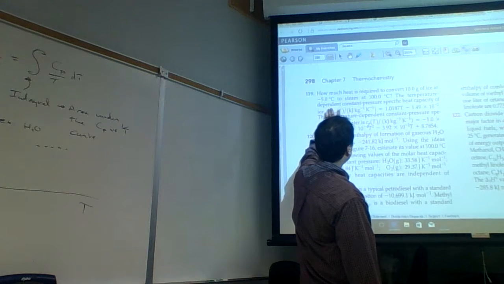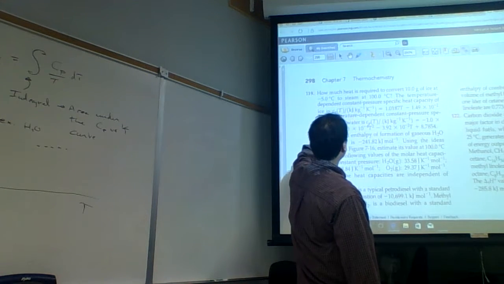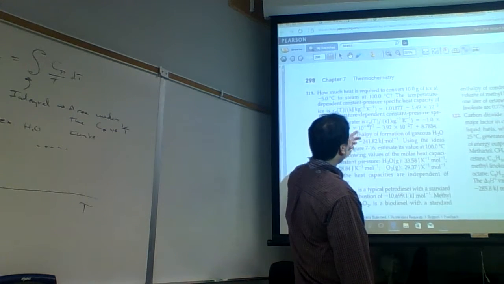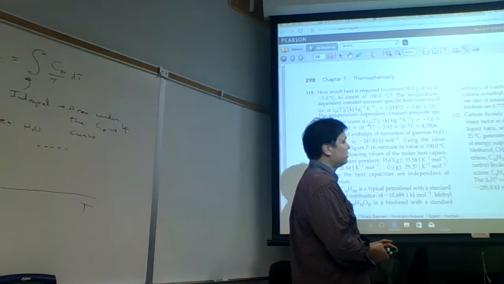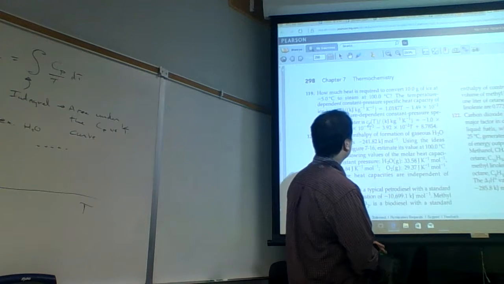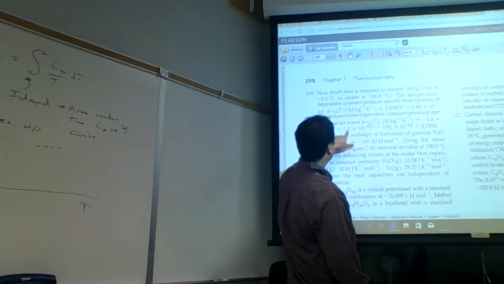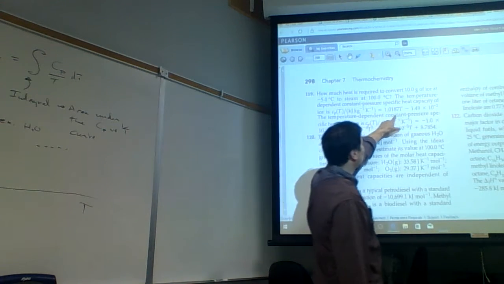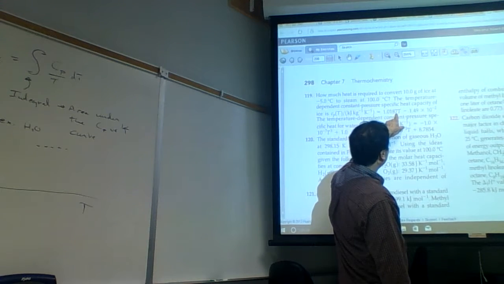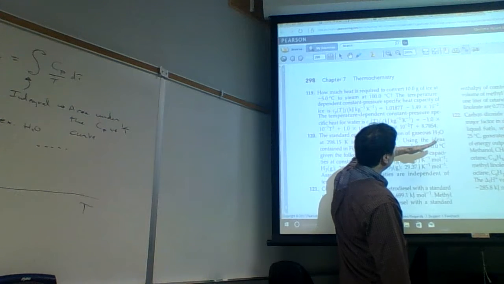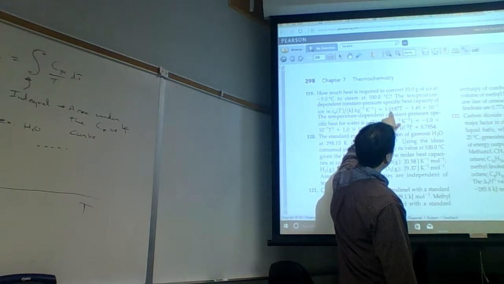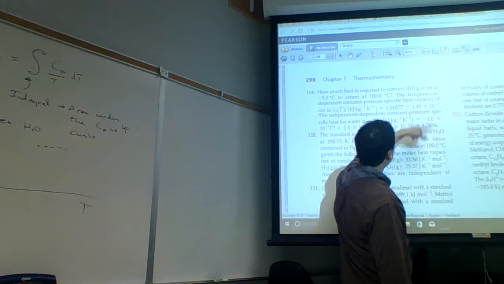The temperature-dependent constant pressure specific heat capacity of ice is... Ice is normally taken as 2.01 joules per gram degree C, but it varies a little bit. When we look at the temperature-dependent form, it comes out to 1.01 87. So it's a linear function of T, varying linearly with a positive slope and a negative intercept.